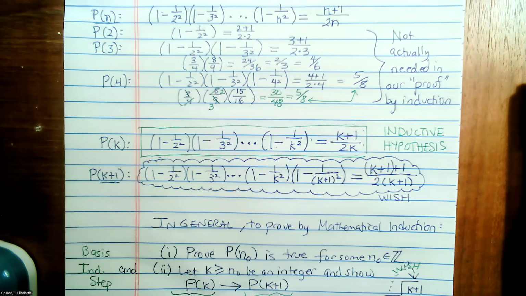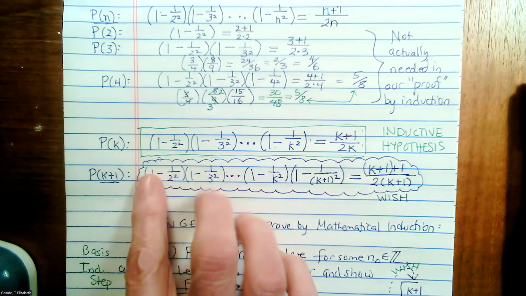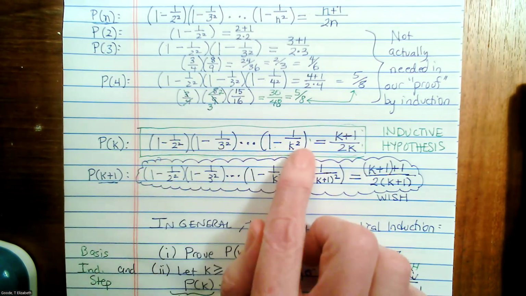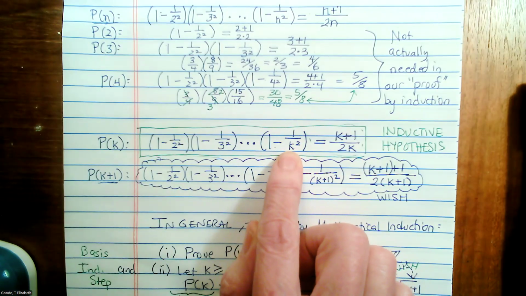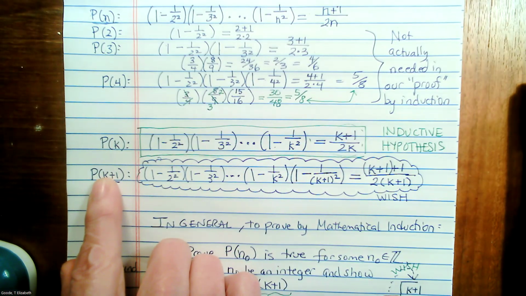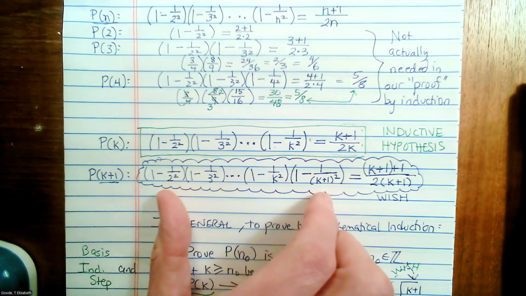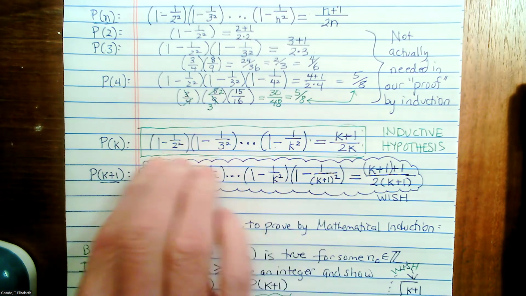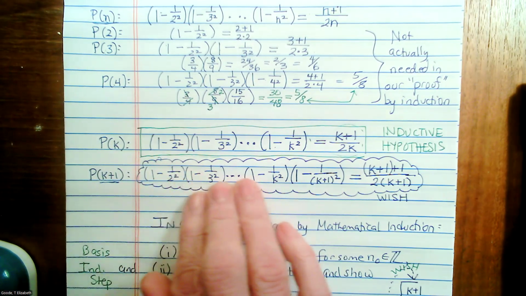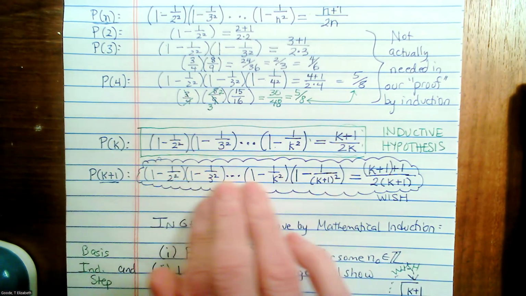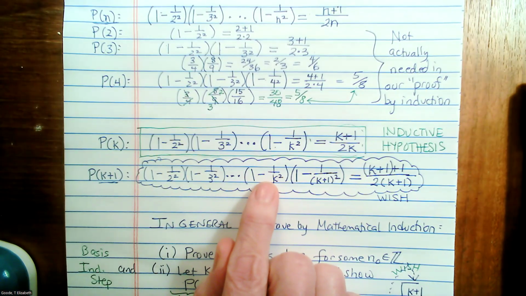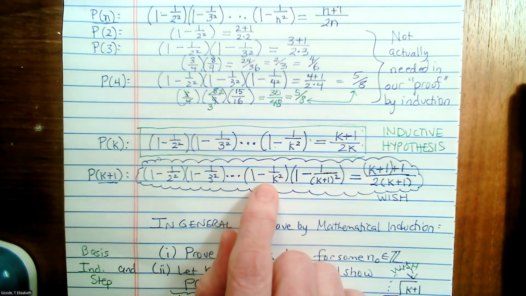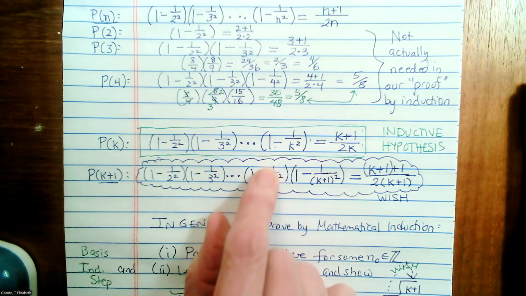Let me just show you. Remember, here's P of k, and it goes up to 1 minus 1 over k squared. When we write P of k plus 1, I'm just talking about the left-hand sides. P of k also has a right-hand side. But if we look at the left-hand side of P of k plus 1, if we write it like this so we can see the next to last factor, it's that one.